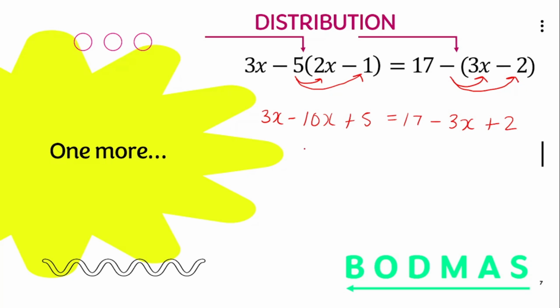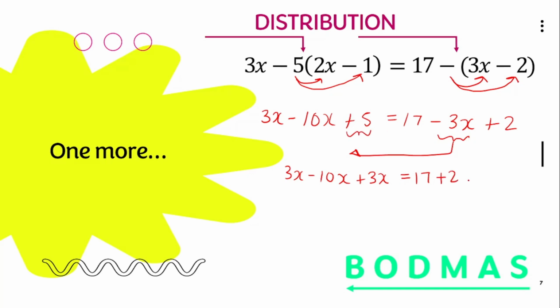Now, remember, letters to the one side, numbers to the other side. So I've only got this -3x sitting on this side, so I'm going to move it over. So it's going to become 3x minus 10x plus 3x is equal to 17 plus 2.